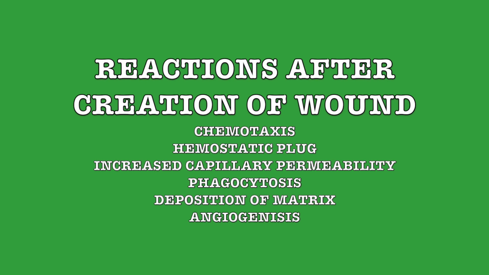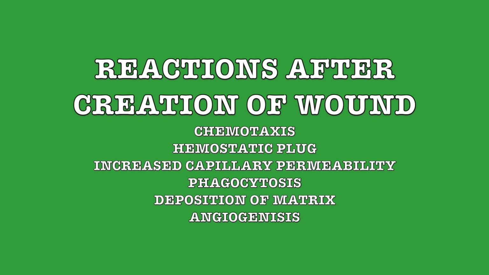So these are the things that take place: first the wound, second chemotaxis, third the formation of the plug, fourth the formation of the matrix, and then the formation of blood vessels, known as angiogenesis, and the epithelialization of the scar tissue.